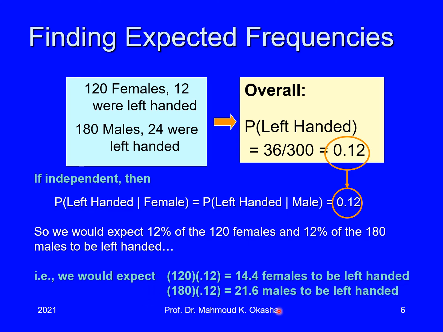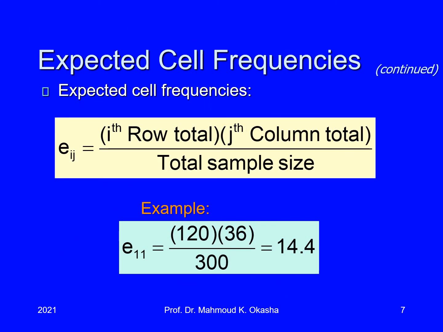And the expected number of males to be left-handed is 21.6, which is 22. So 22 males are expected to be left-handed. Those are the expected values for males and females to be left-handed. In the same way we can get the right-handed ones.